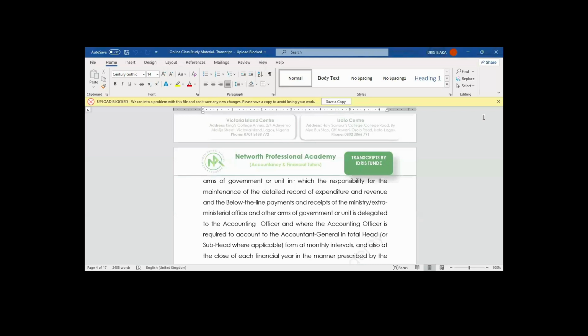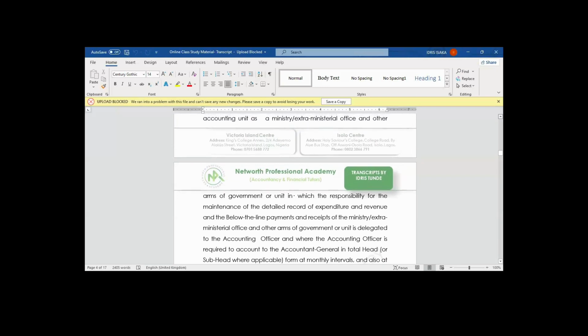So what is self-accounting unit? What do we understand by self-accounting units?